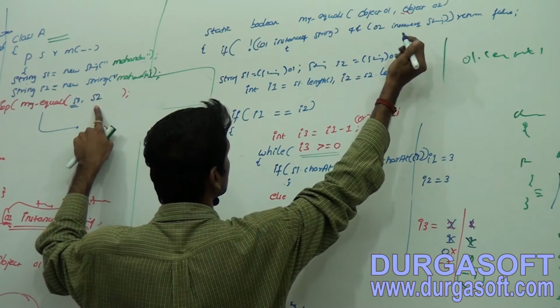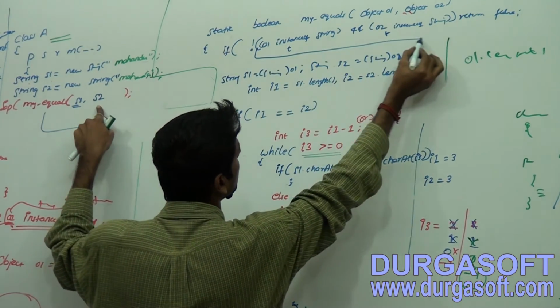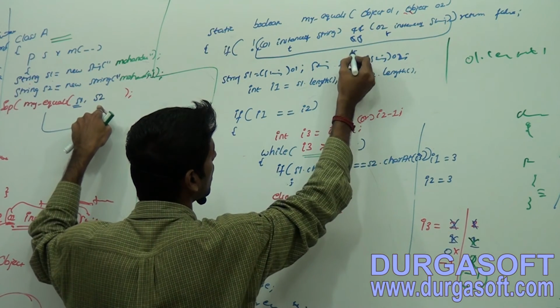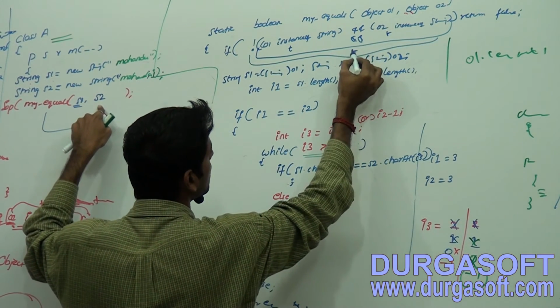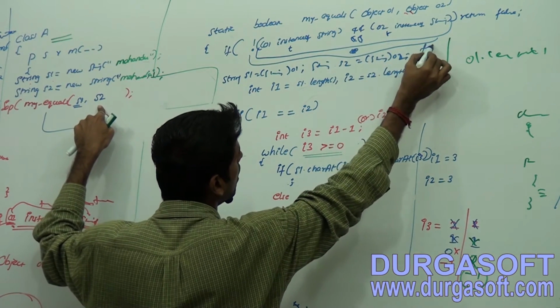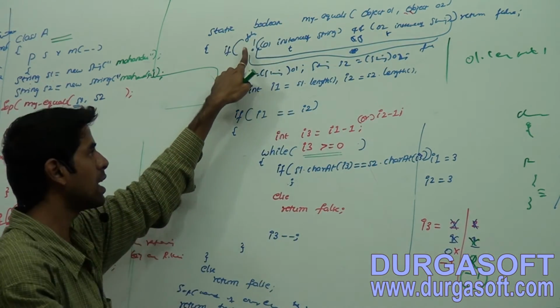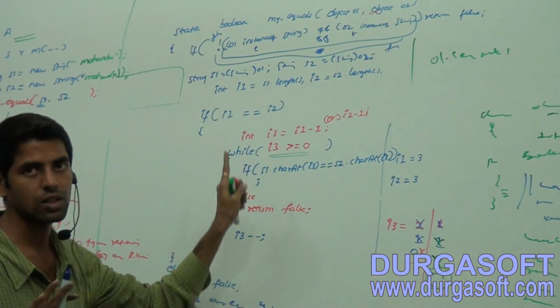String or not? Yes. True. Now this statement. True and true is what? True only. Now performing the Boolean complement operator. This one will come as what? False. So here the result value is what? False. If false, does JVM execute this statement? No, it will come out of the statement.